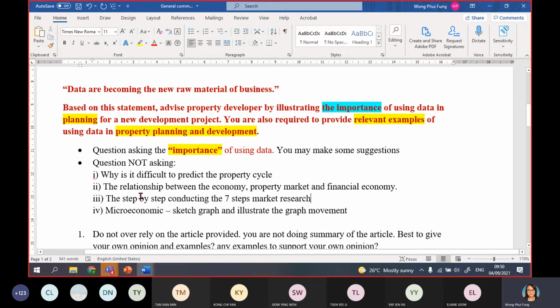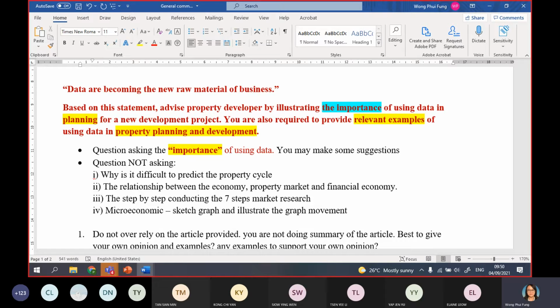Okay. Number three, some of you talk about the market research steps. As I mentioned just now, this answer can be accepted. Just that if you tell me step 1 do what, step 2, step 3, 4, 5, 6 do what, then the way of writing is wrong already.